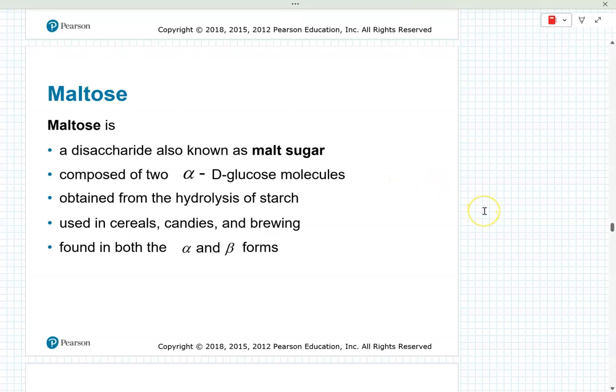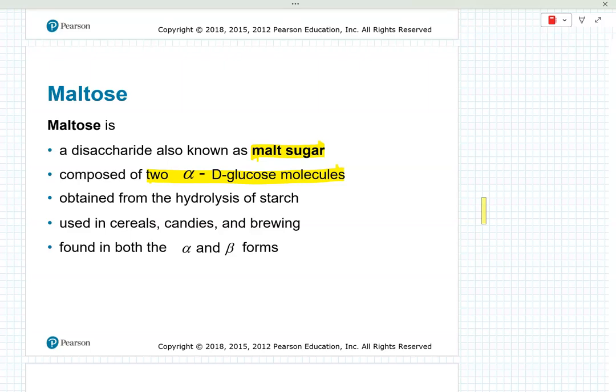So, maltose, I mentioned malt sugar, 2 glucose molecules. I don't think we mentioned that alpha refers to the position of one of the hydroxyl groups in the glucose, and D refers to the optical isomer.